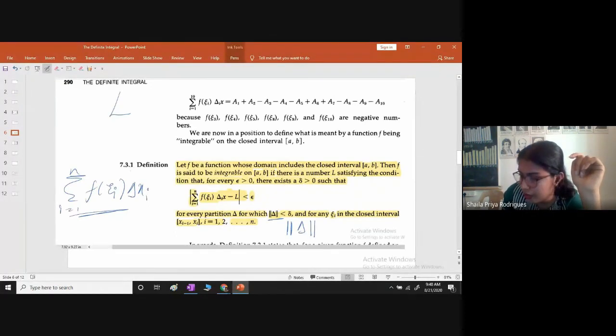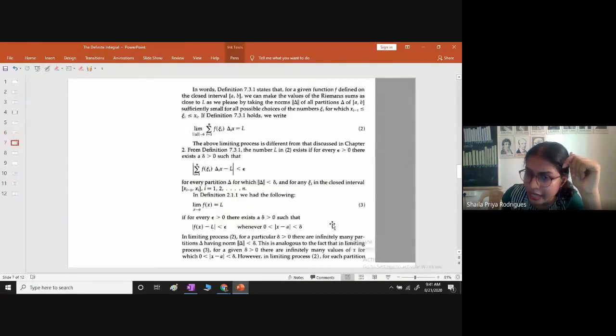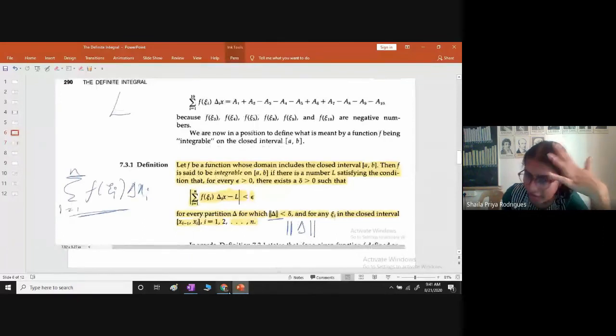Norm is what now? The length of the biggest subinterval in that partition. As that becomes less than delta, like in the last class I told you delta is a very small number, almost close to 0, then the norm is almost equal to 0. And for any xi i in the closed interval, you could choose any xi i there.